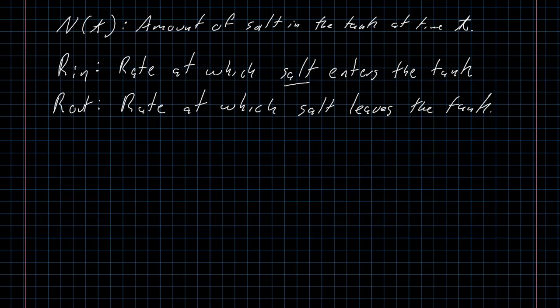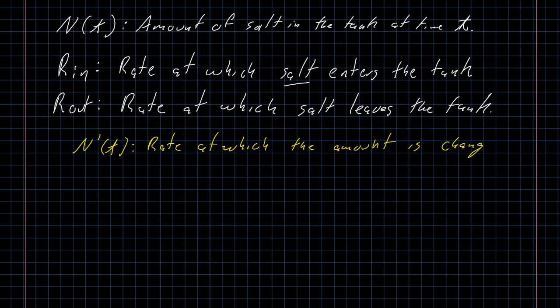And I think that it is fairly simple to think about the relation here. If N of t is the amount of salt, then N prime of t is the rate at which the amount is changing. And there are two ways for the amount of salt in the tank to change.